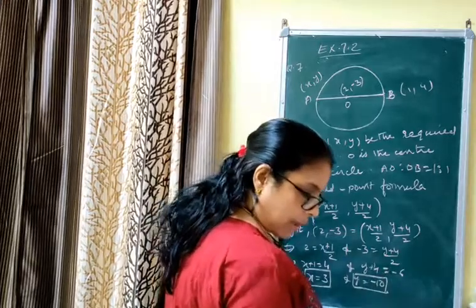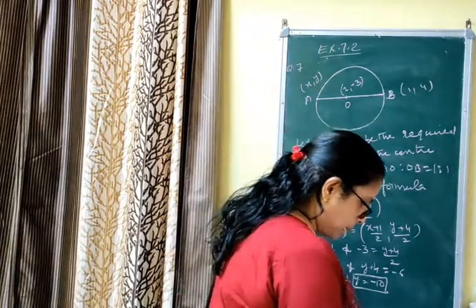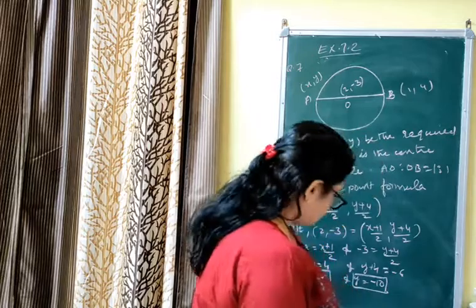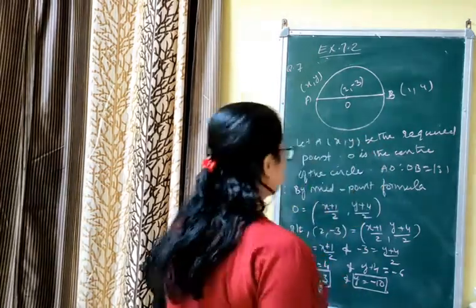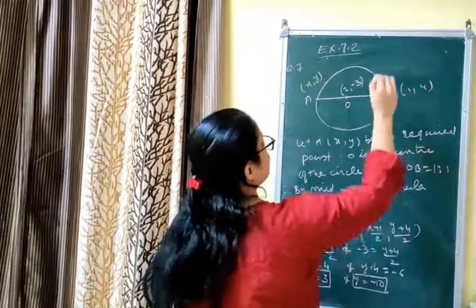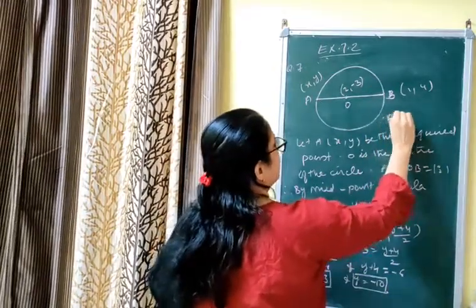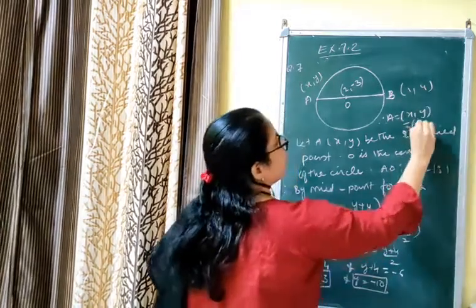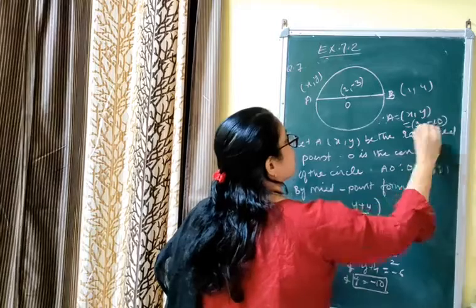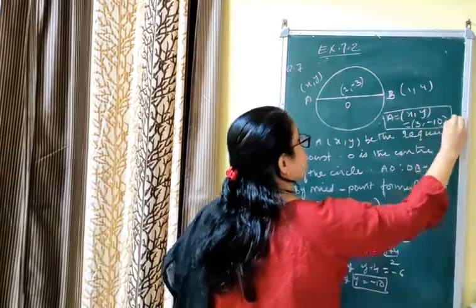That means we got the value of x equal to 3, and the value of y as -10. Therefore, A equal to (x, y) is equal to (3, -10). That is, the coordinate of A is (3, -10).